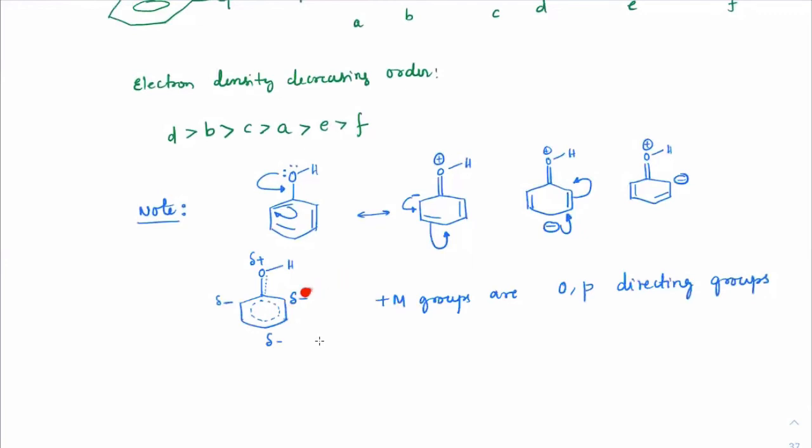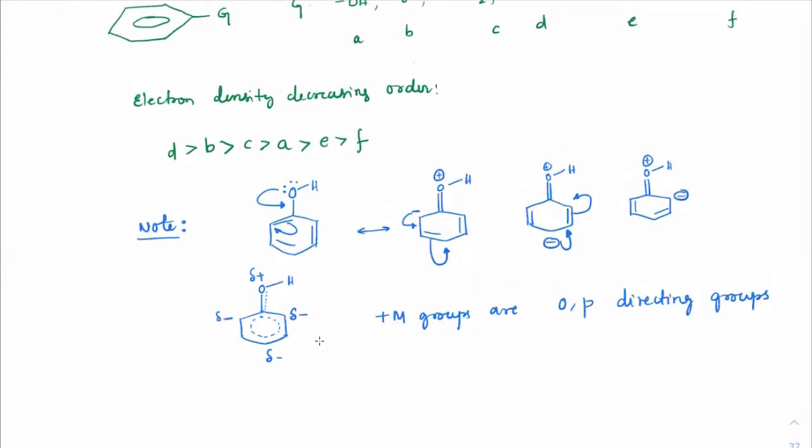Suppose an electrophile comes and approaches, where does it sit? It will either get bonded on ortho position or para position. It will not go onto the meta position. That is what it meant. Any electrophile that comes will join at ortho or para position. That is why they are called ortho and para directing groups. So remember this, all plus M groups are OP directing groups.